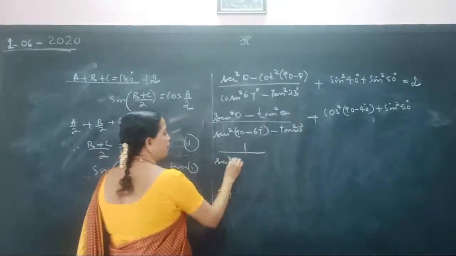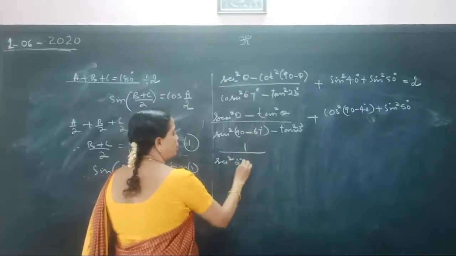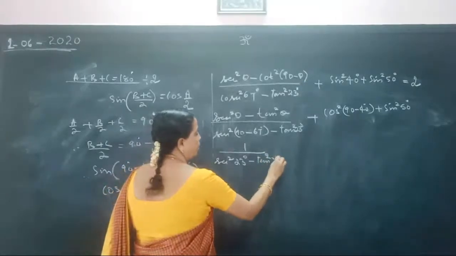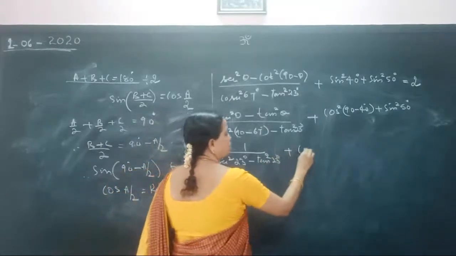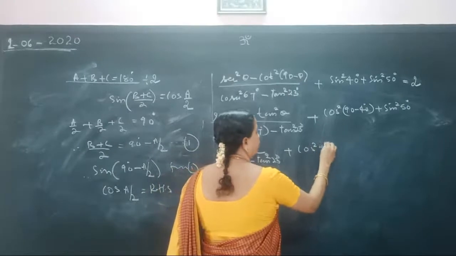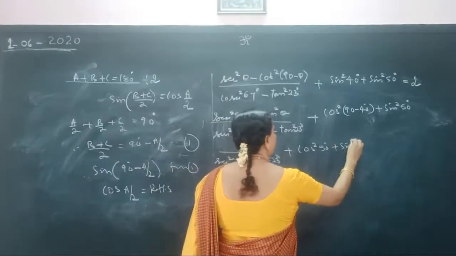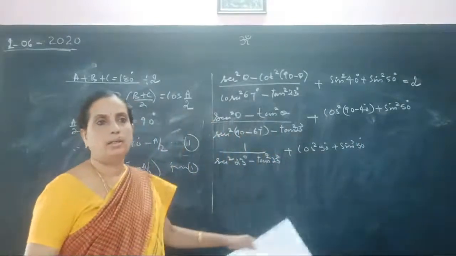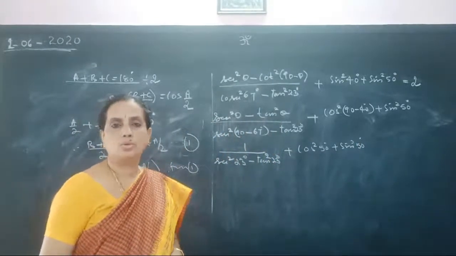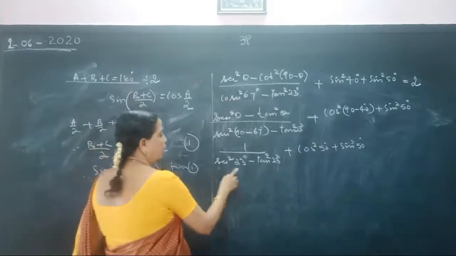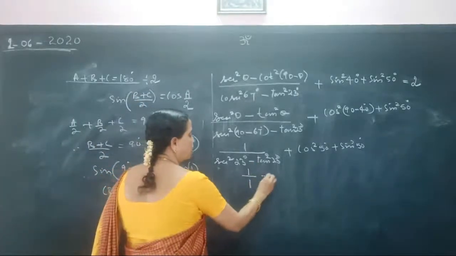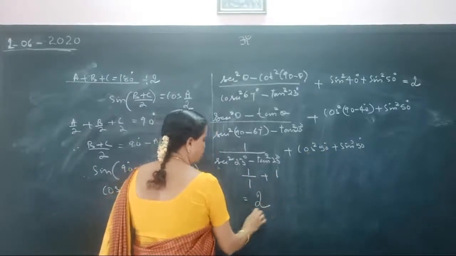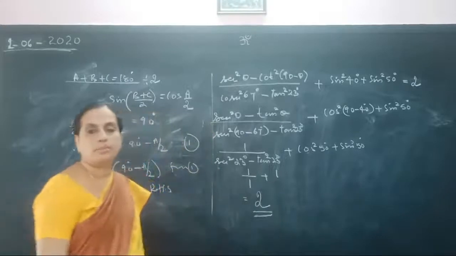Again, secant square 90 minus 67 is 23 degree minus tan square 23 degree plus cos square 50 degree plus sin square 50 degree. Now it is clear, you will get 1 plus 1 equals 2 because secant square theta minus tan square theta is 1. Cos square theta plus sin square theta is 1. Answer is 2. It is proved.